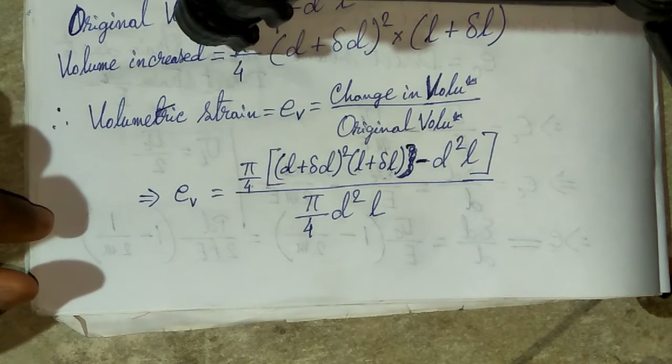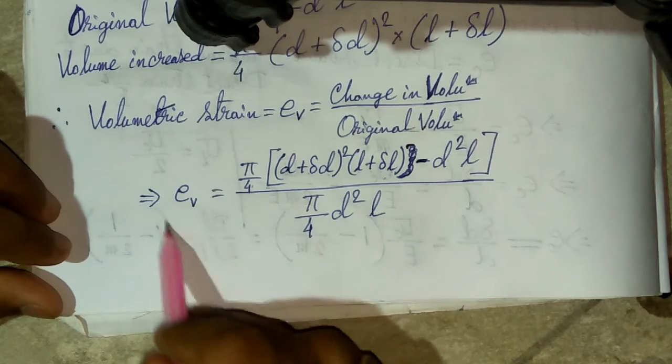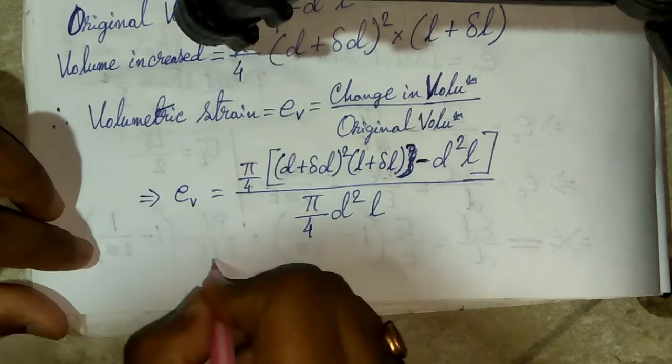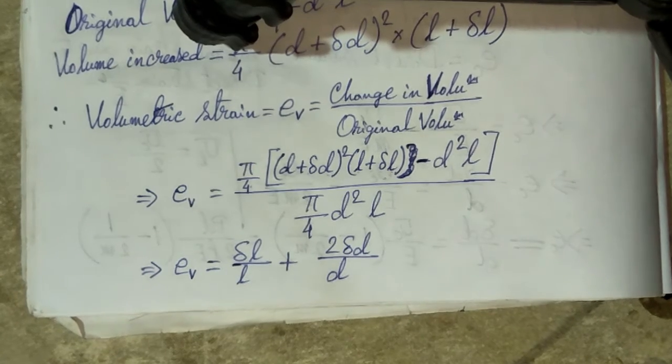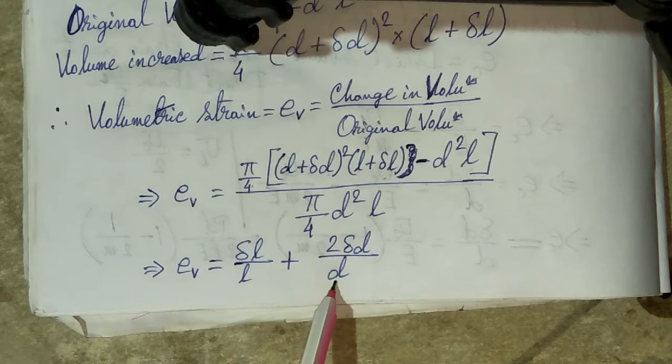So by dividing the change in volume by the original volume, the volumetric strain e suffix V becomes delta L by L plus 2 into delta d by d.